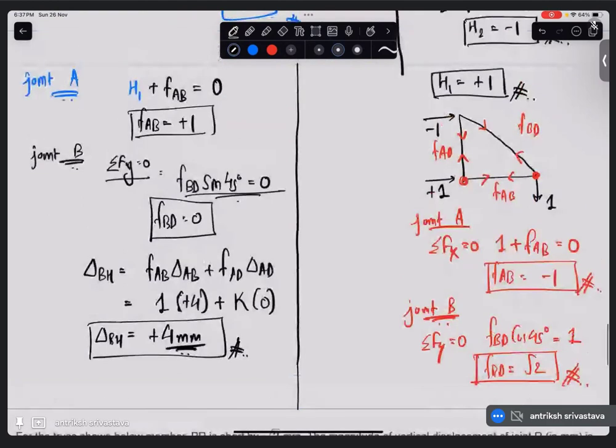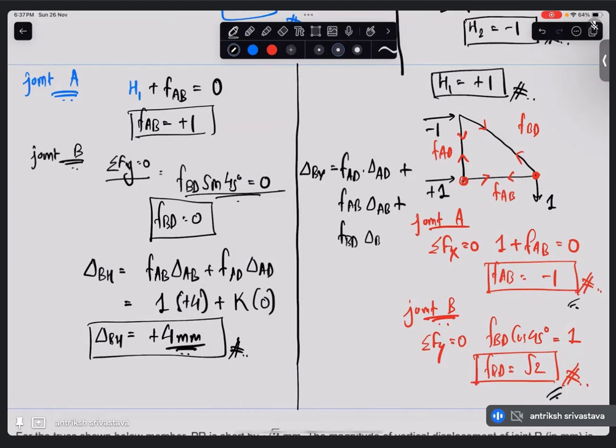Now we know all the forces and their corresponding deltas. So let us calculate the vertical displacement, which is FAD into delta AD plus FAB into delta AB plus FBD into delta BD.